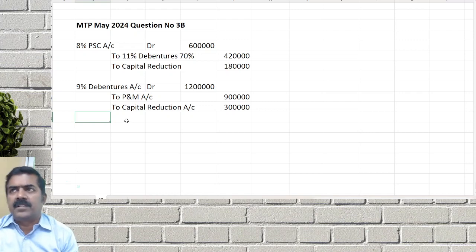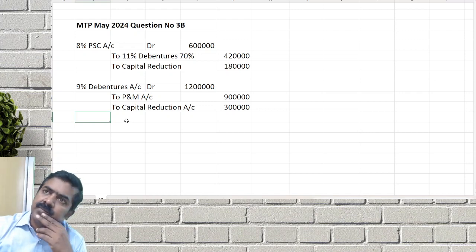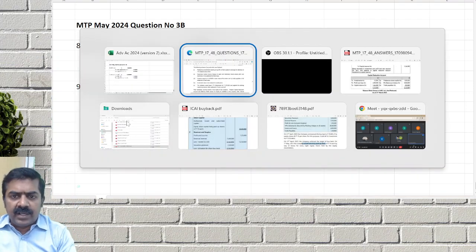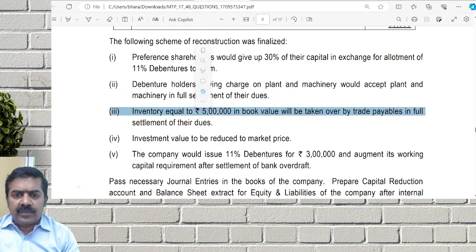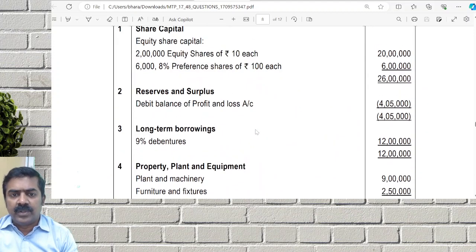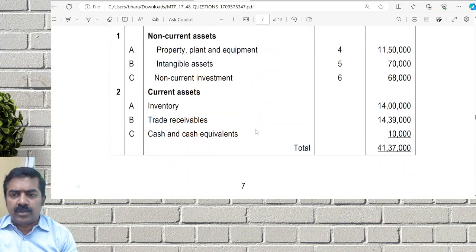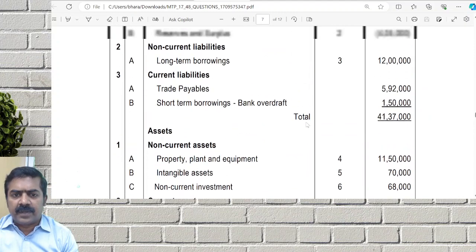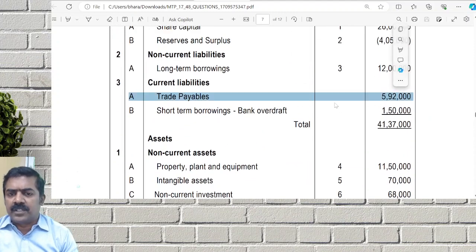Then what happens next? Inventory of 5 lakhs book value is taken over by trade payables in full settlement of their dues. 5 lakhs in book value. What is the trade payable settled through? Trade payables of 5,92,000.